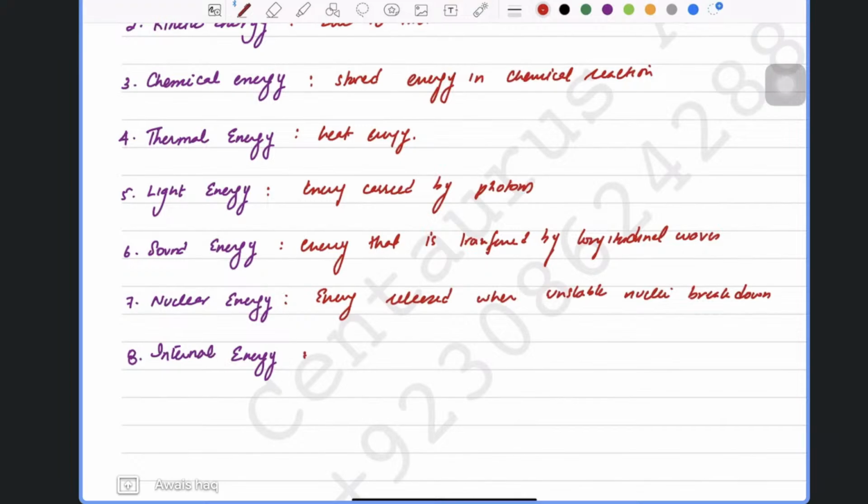Then internal energy is the sum of potential and kinetic energies within a system.